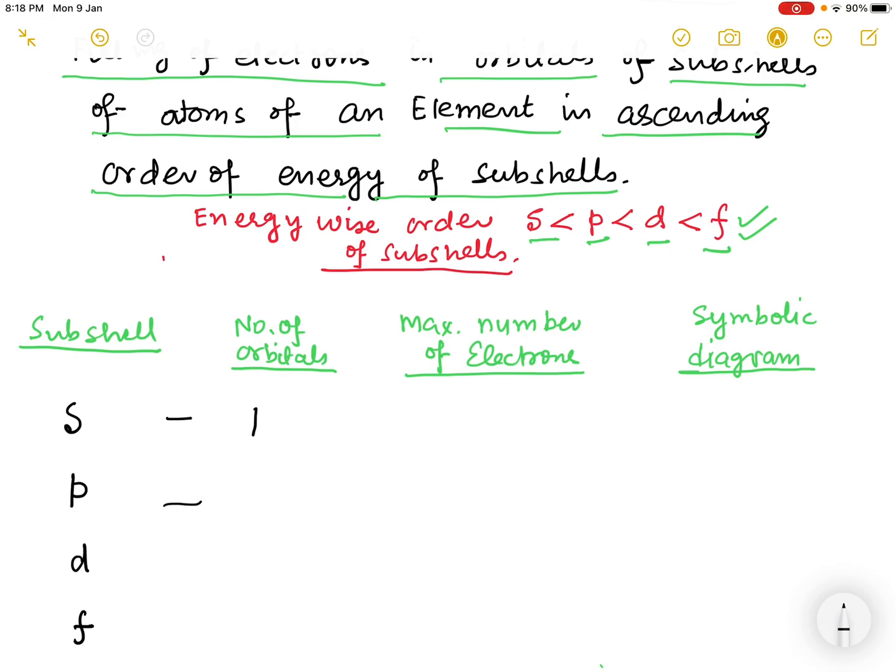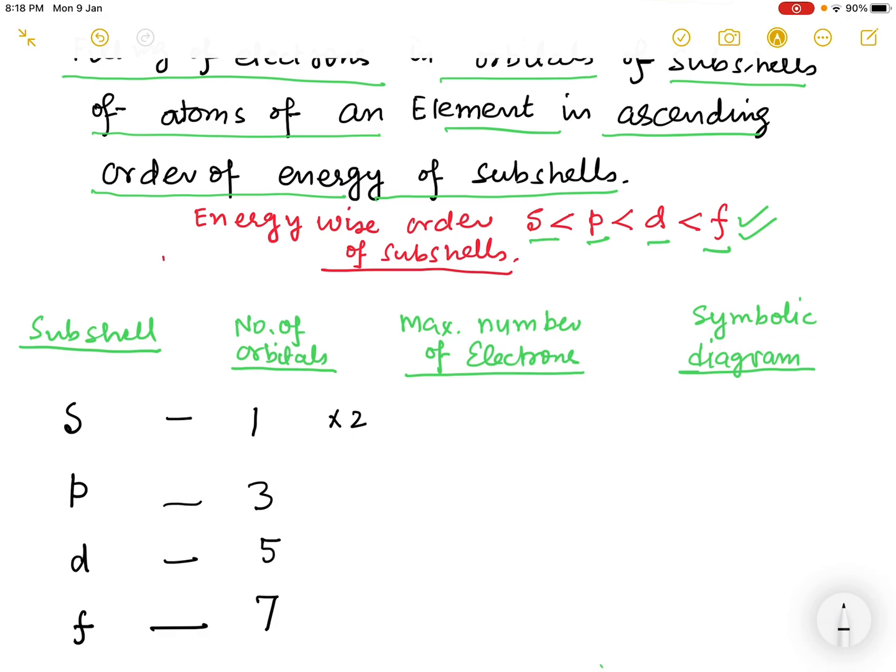1, P has 3 orbitals, and D has 5 orbitals, F has 7. So the maximum number of electrons that can be accommodated in these orbitals: every orbital can accommodate 2 electrons.